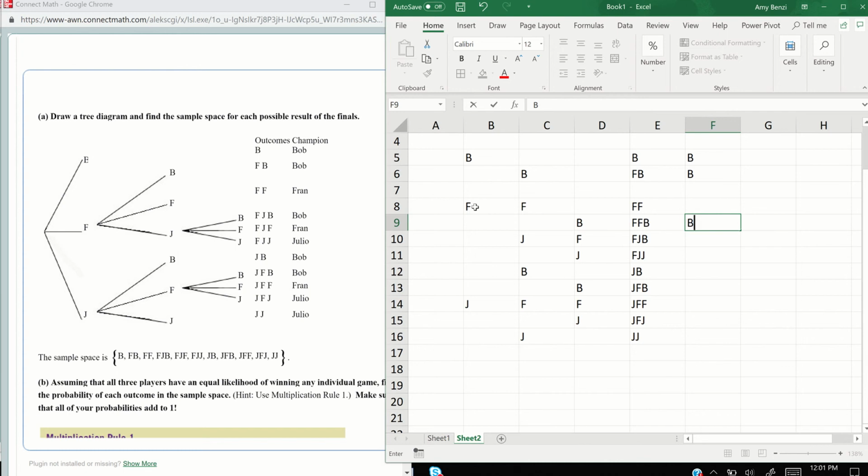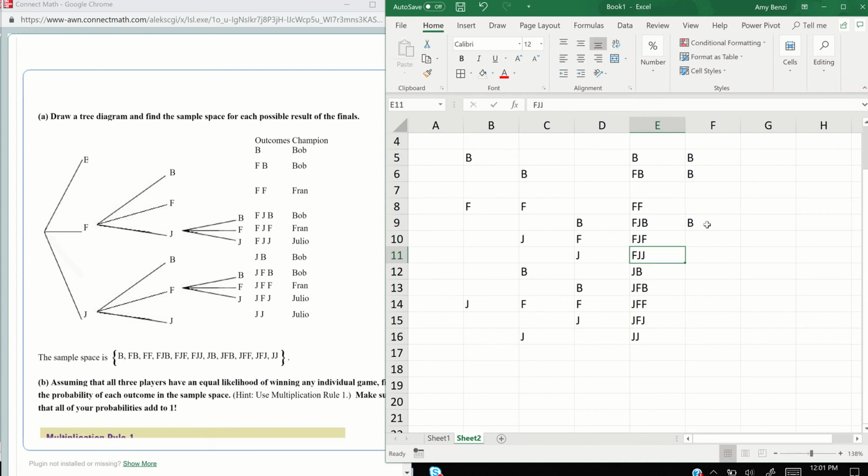It was Fran, Julio, Bob. You see that? Okay, so I have a little mistake here. This was Fran, Julio, Bob, and this is Fran, Julio, Fran. Fran, Julio, Julio, Julio, Bob, Julio, Fran, Bob, Julio.